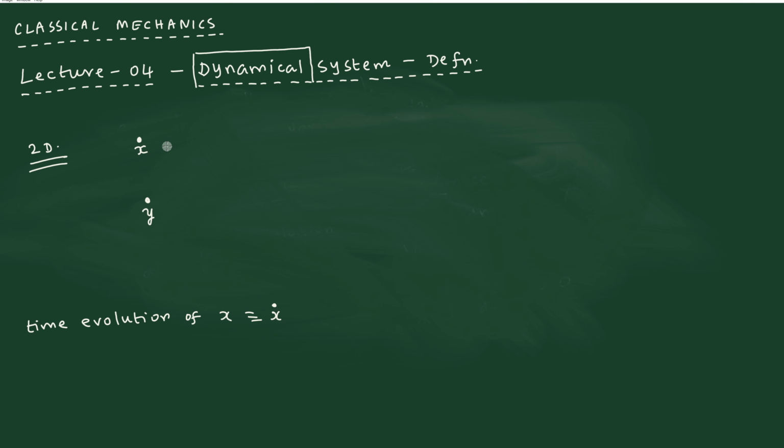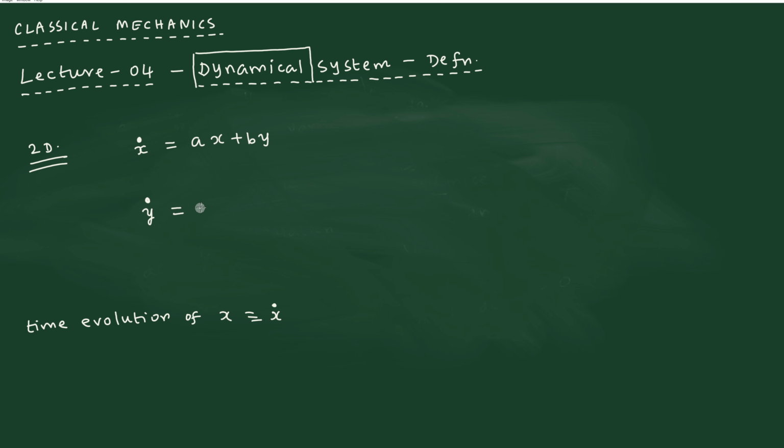So now a dynamical system is given like this mathematically. x dot will be equal to, in general, any dynamical system can be written in this particular way: a times x plus b times y, where a and b are two constants or two parameters.